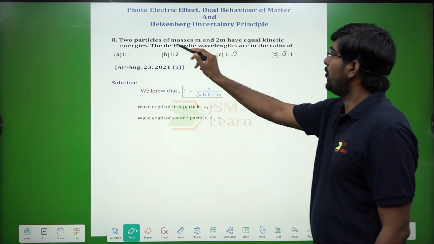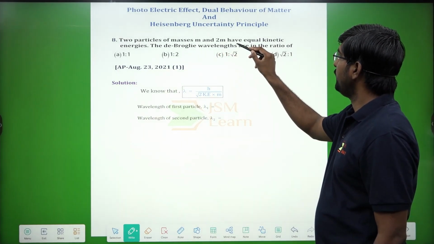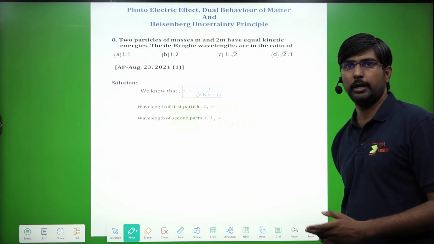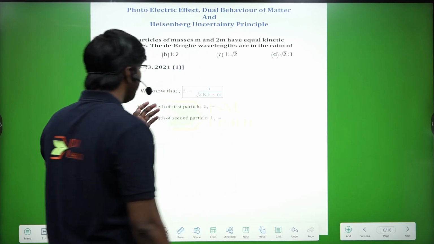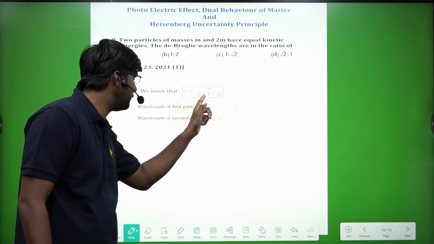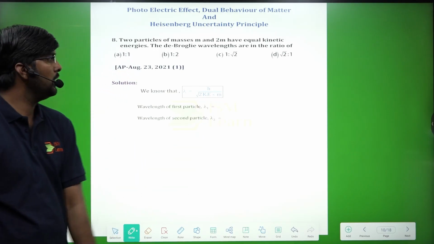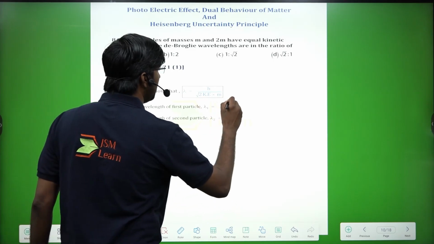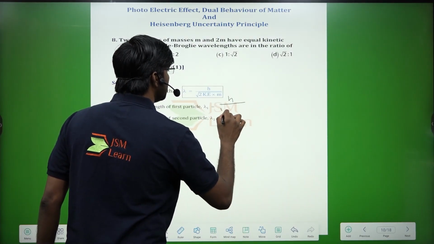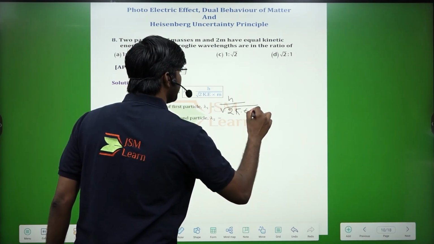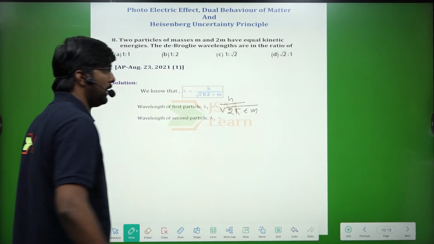Next, two particles of masses m and 2m have equal kinetic energies. The de Broglie wavelengths are in the ratio of. Here we know from the de Broglie's theory, wavelength equals h by square root of 2 into kinetic energy into mass of the particle. Now for the first particle, wavelength lambda 1 is equal to h by square root of 2 ke into m.